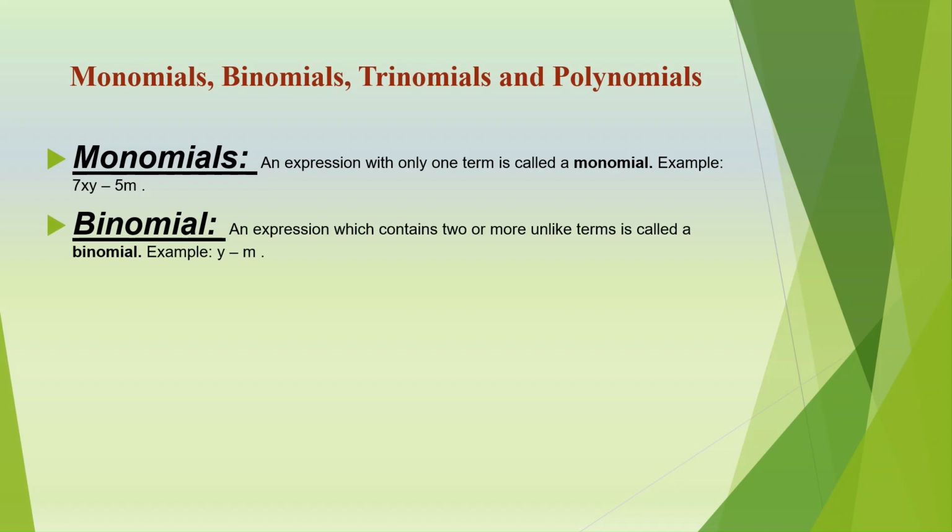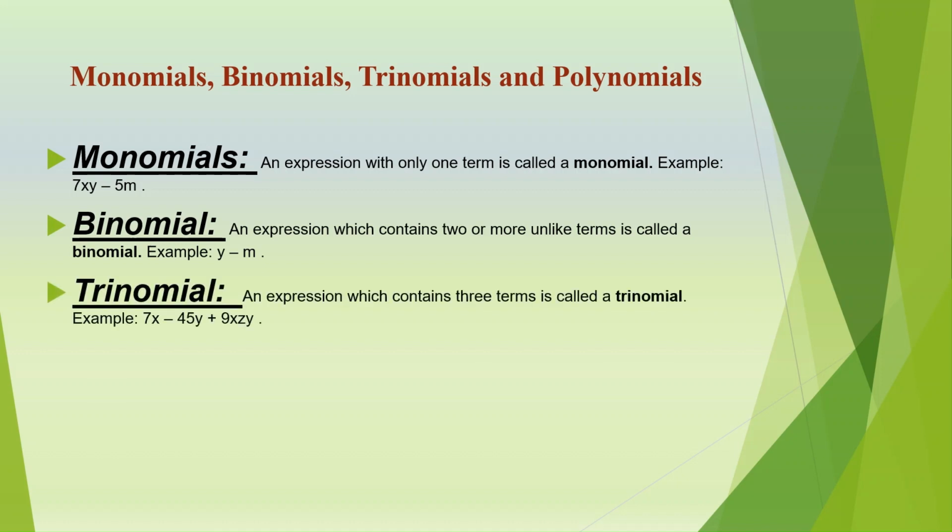A binomial is an expression which contains two unlike terms, for example, y and m. A trinomial is an expression which contains three terms. Example: 7x, 45y, 9xzy.